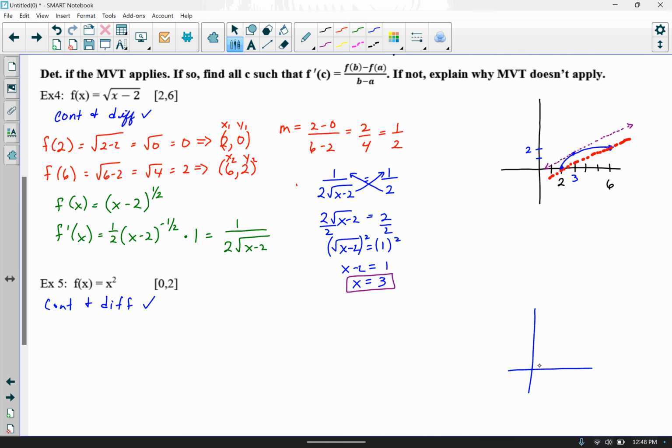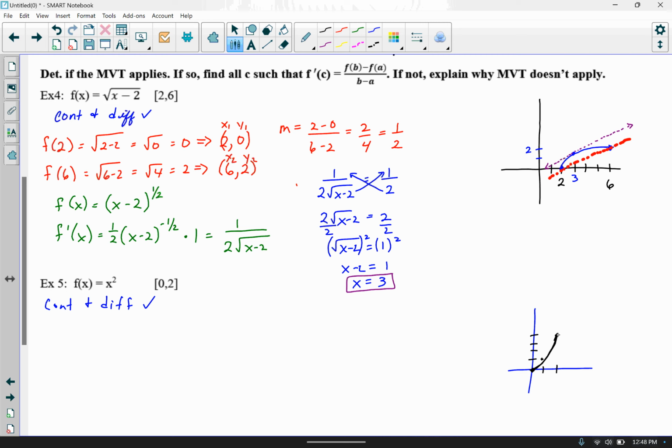If I plug in 0, 0 squared is 0. I'll go ahead and do 1 and 2. 1 squared, of course, is 1, and 2 squared will give me 4. And so we know that that's a parabola. Not exactly perfect, but not too bad. We knew it needed to have a curve in it.